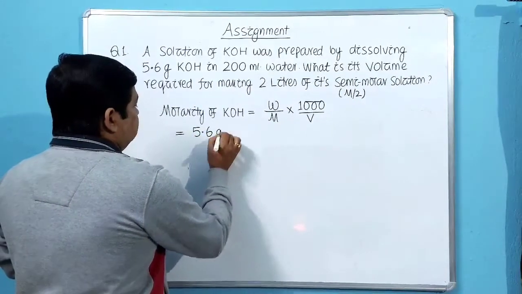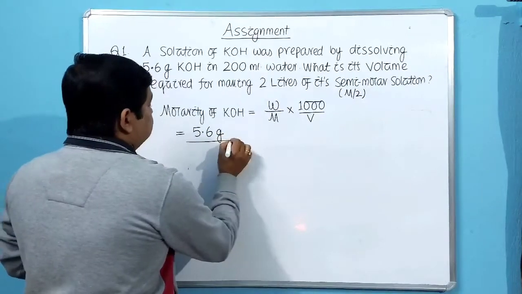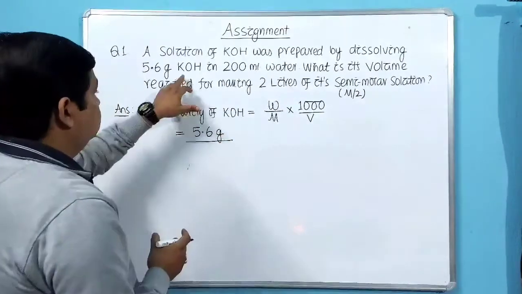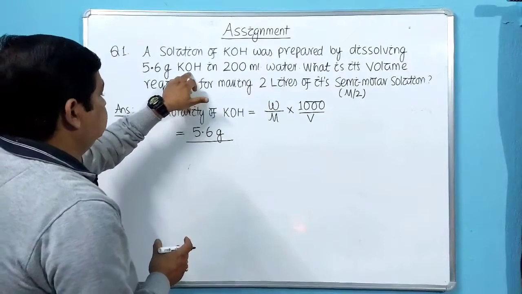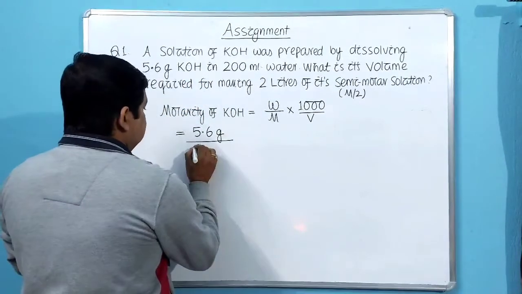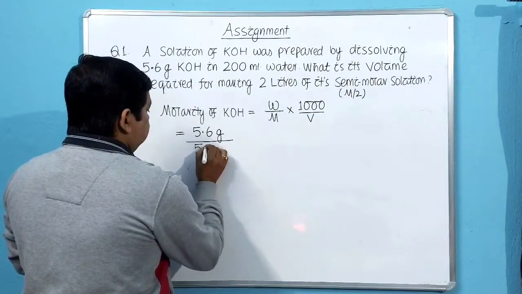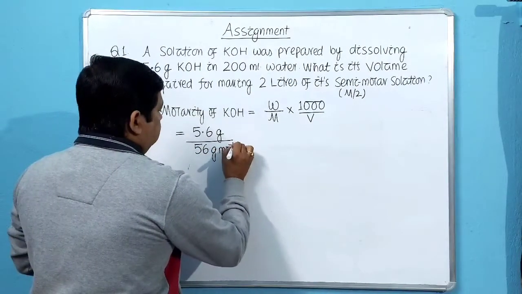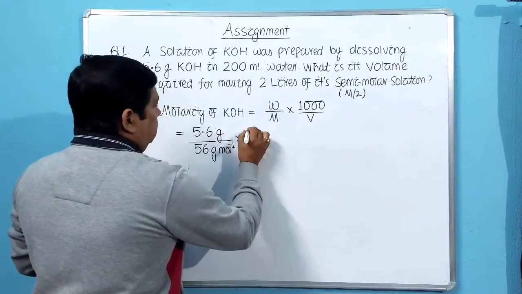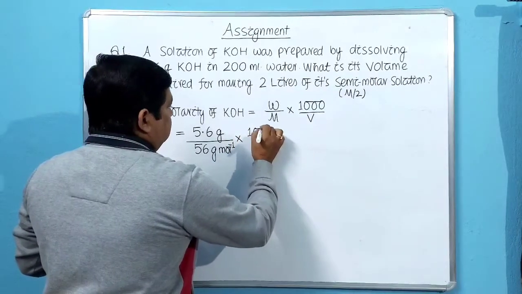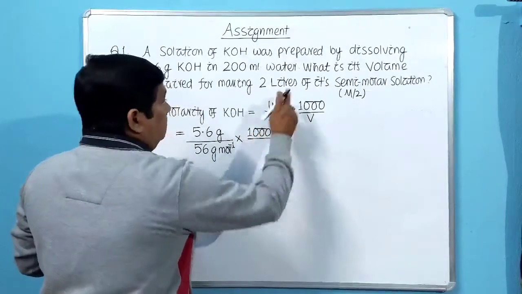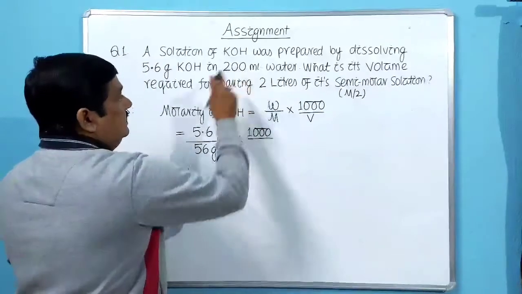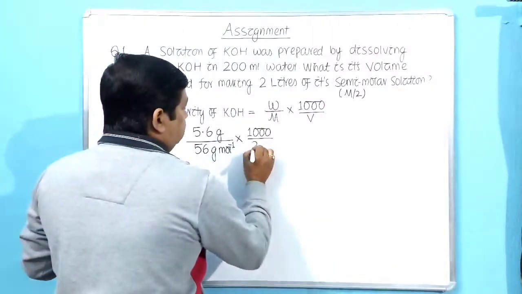Molar mass of potassium hydroxide is 39 plus 16 plus 1, that is 56 gram per mole, into 1000, divided by volume of the solution in milliliter, 200.